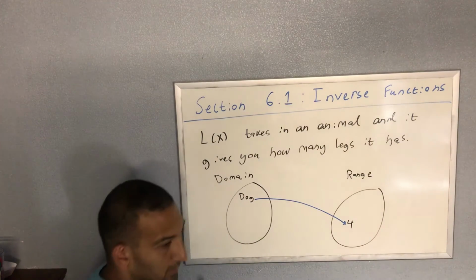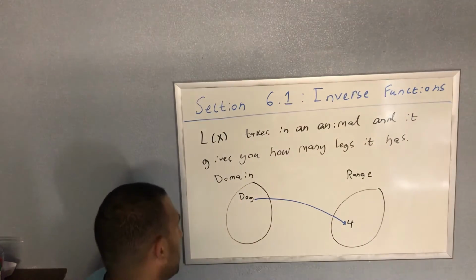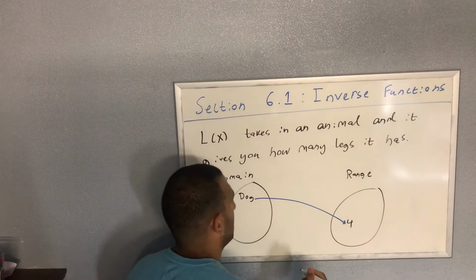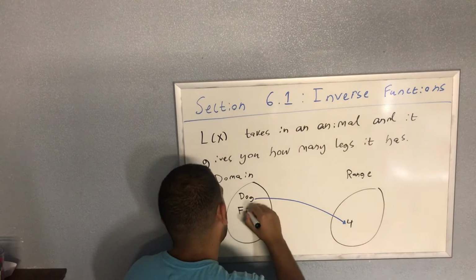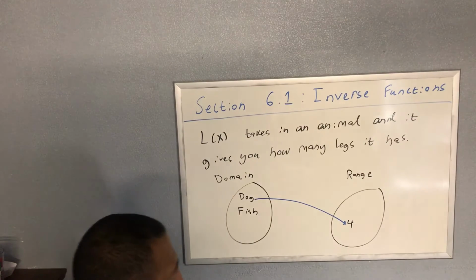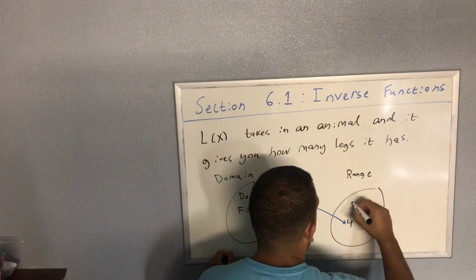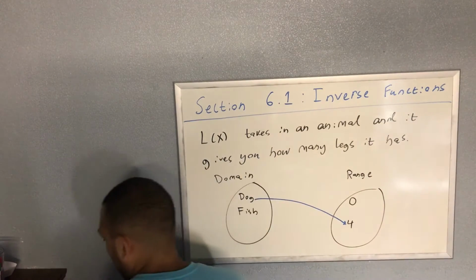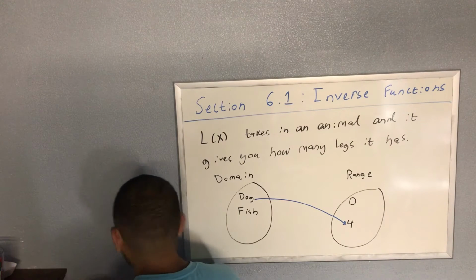Let's do something similar. Let's do a trick question. Fish. How many legs does a fish have? Well, it has 0. So we can associate fish to the number 0. So we draw an arrow to it.